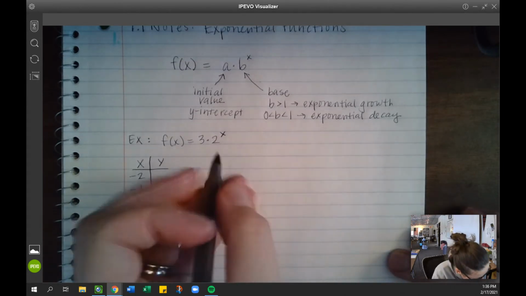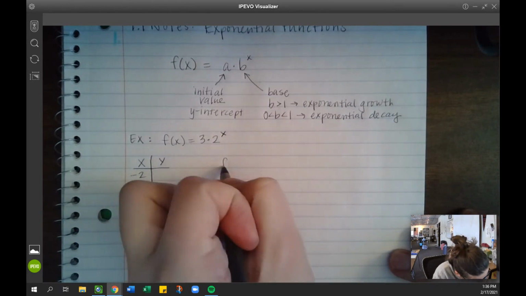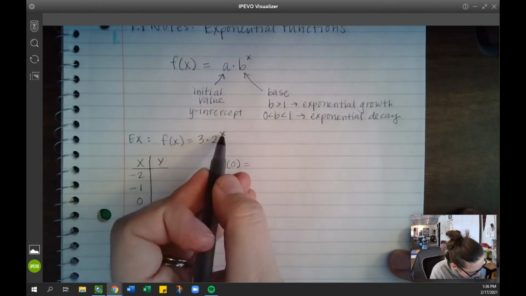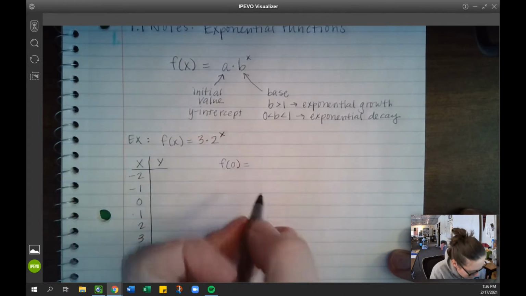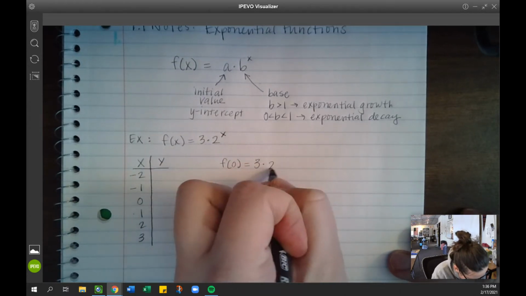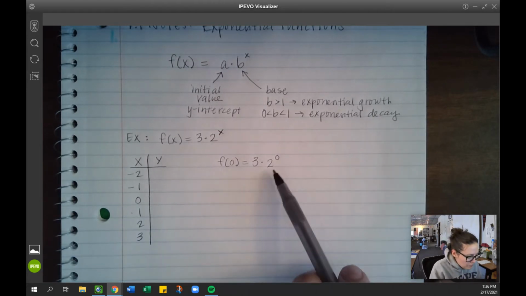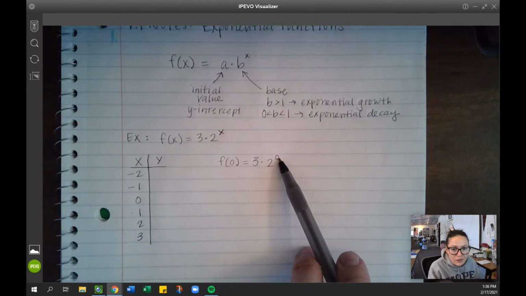But what do I get for f of 0? f of 0 means I'm going to plug in 0 for x. 3 times 2 to the 0. Now, you have to remember to follow PEMDAS, which means we have to do exponents before multiplication. So, 2 to the power of 0.